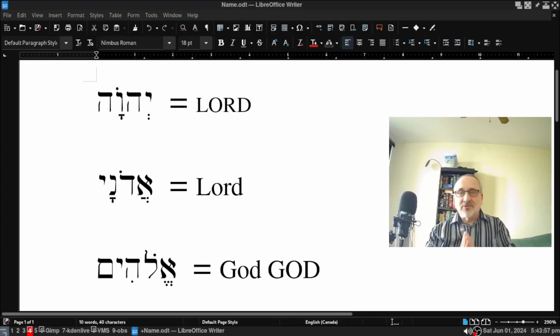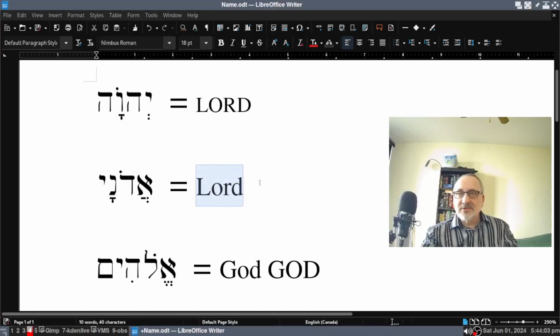But as a general rule, when you see the word like this, on the Hebrew side, it's Adonai, which means Lord or Master. And when you see it like this in all caps, or like this in all caps, it's Jehovah. It's the sacred name of God. And like I said, the pronunciation's been lost, and religious Jews never pronounce that word.